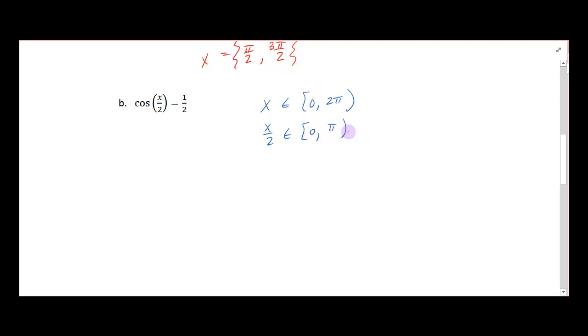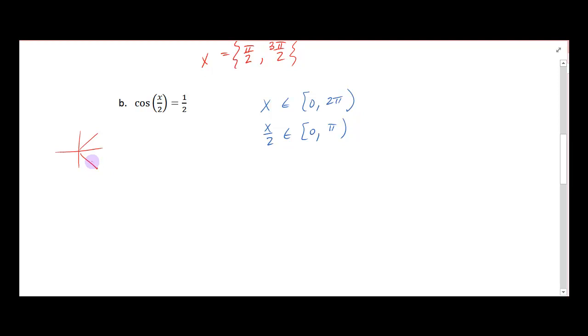Now that we have that idea, let's say the cosine of some angle is equal to positive 1/2. Where does that occur? When I take the cosine of some angle and get a positive 1/2, I am either up here in quadrant 1, or for cosine, down here in quadrant 4.